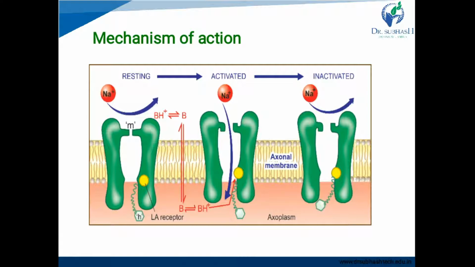In the first figure, M means mouth, or you can see entrance of sodium channel, right? And H means halt gate, means exit of sodium channel. Here you can see yellow colored dot, it is a local anesthetic receptor, right?